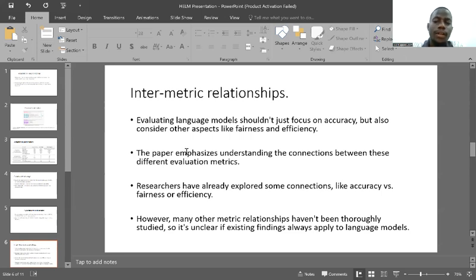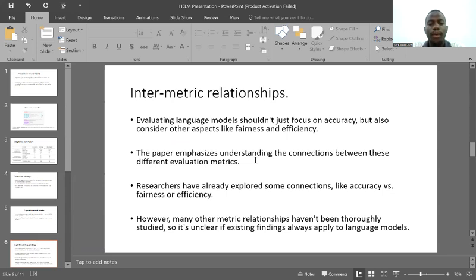So here we say that when we're evaluating these language models, we should not focus only on accuracy, but we also need to consider other aspects such as fairness, efficiency, robustness, calibration. We have bias and then toxicity. Those are the 7 core metrics that we are going to use to evaluate our models.